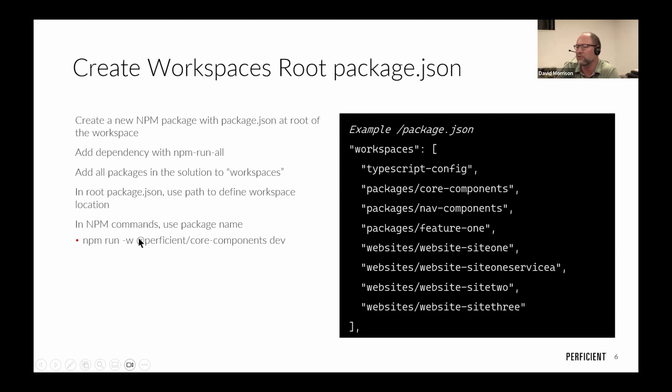It's a pretty powerful trick that you can use the package name of all your individual packages to target the workspace, and then you don't need to know the relative path to the workspace to call. And this is just an example of the npm run command here.